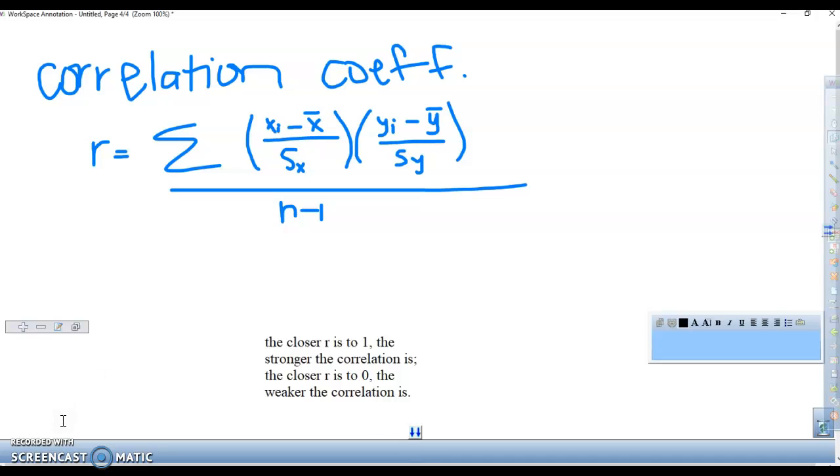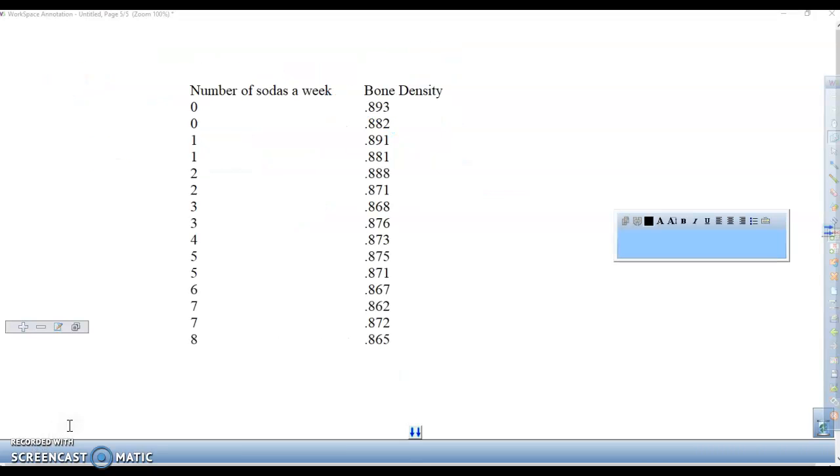And when we get that correlation coefficient, how do we interpret that? So go ahead and take a look at this example. We've got our number of sodas we're drinking in a week from however many people we surveyed, and we also get to know their bone density. Okay, so at 0 sodas a week, one person has a bone density of 0.893.